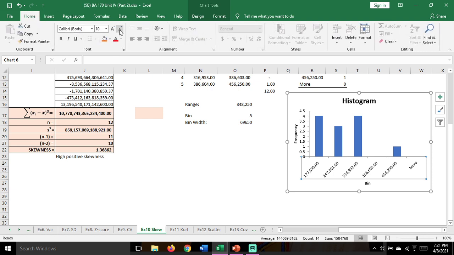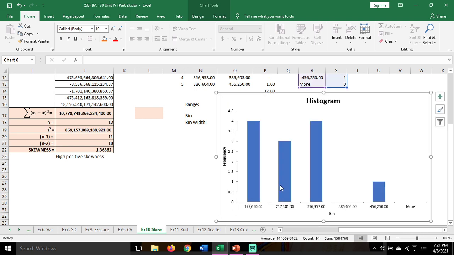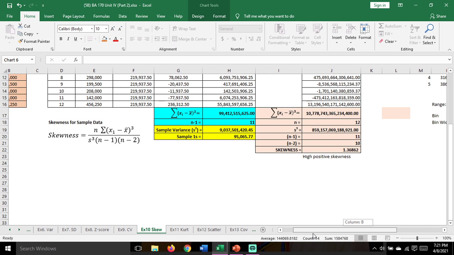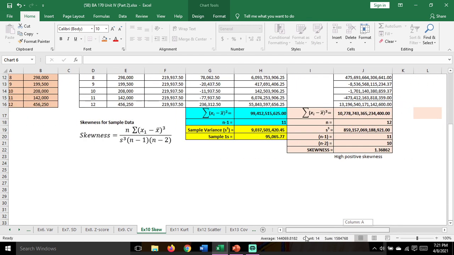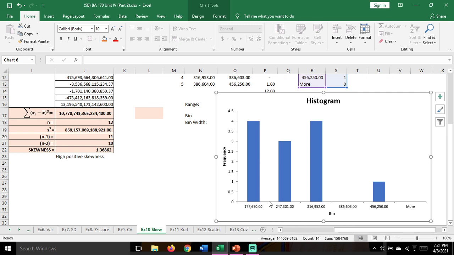So, liliitan lang natin para magkasya. Yan. Okay, so, hilahin ko pa ng konti. Yan. So, makikita natin asaan yung mean. The mean is 937.220.